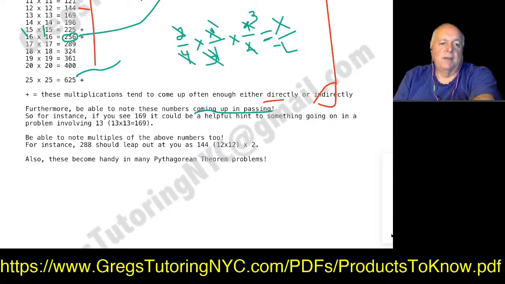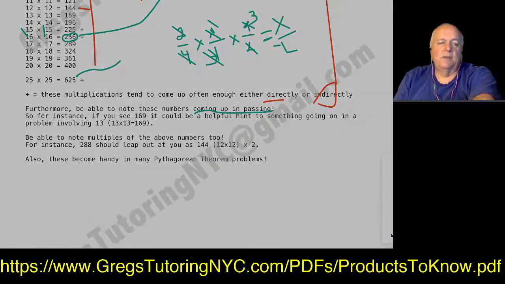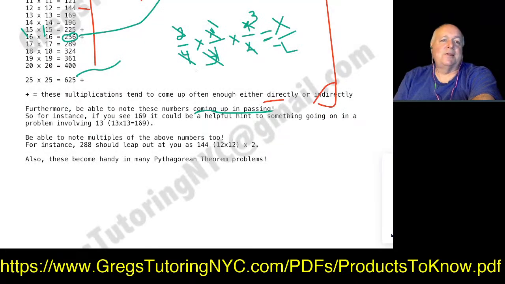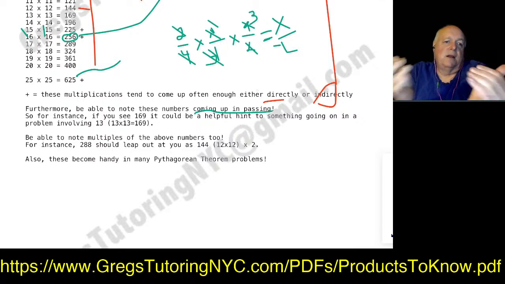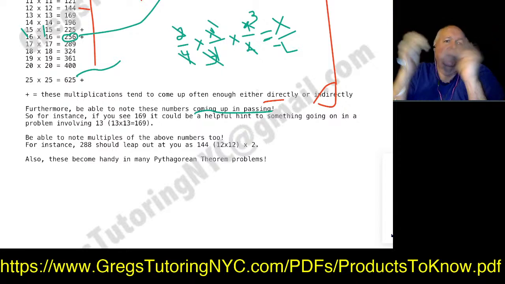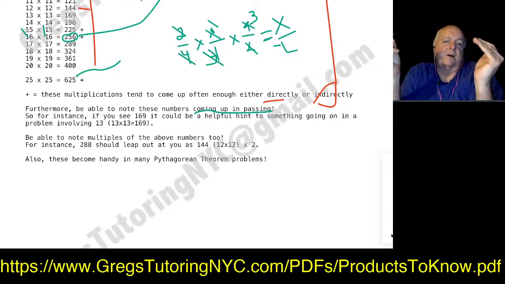And again, if you see something like 169 when you're doing this kind of cancellation, if a numerator was say 169, you may want to find out if something in the denominator is 13 times something else. If so, you factor the denominator into 13 and another factor, and then you cancel with the numerator 169. So both of them remove the 13 factor.